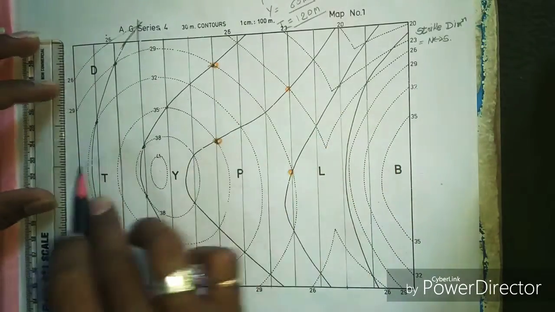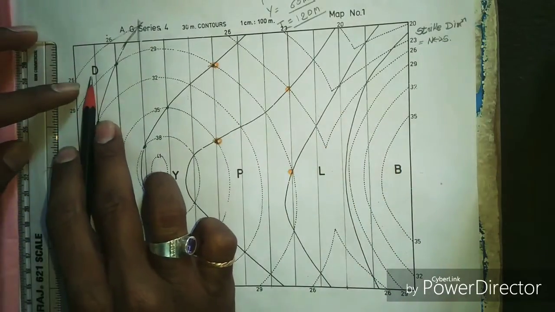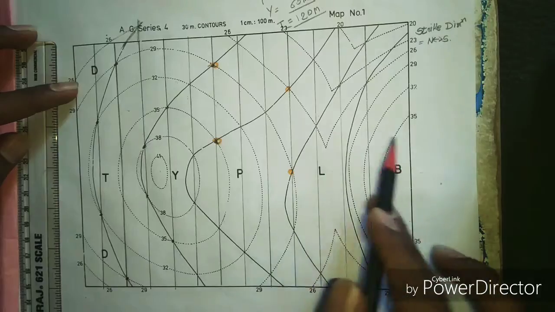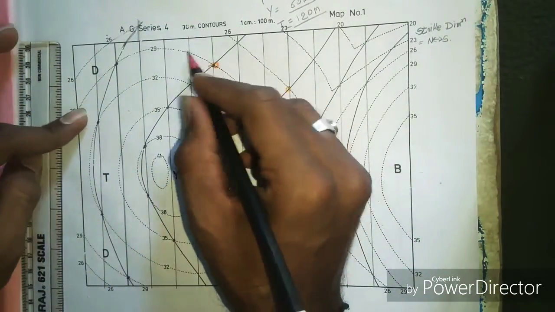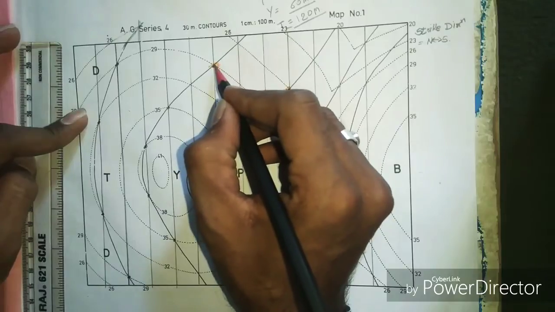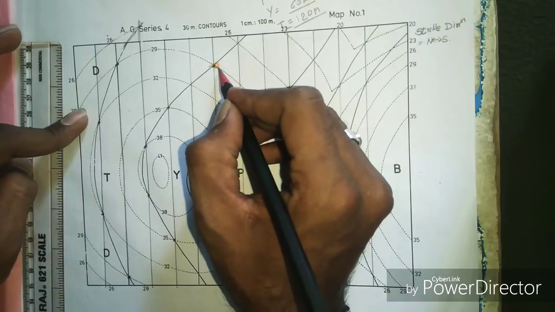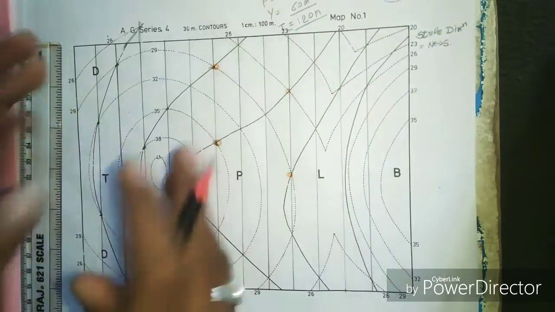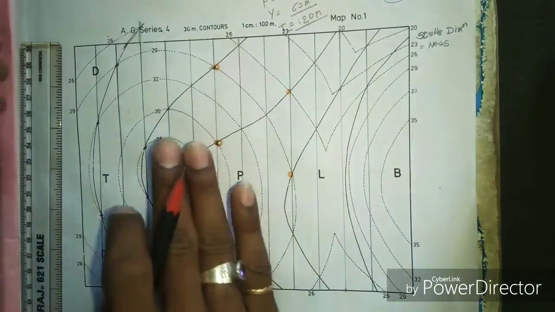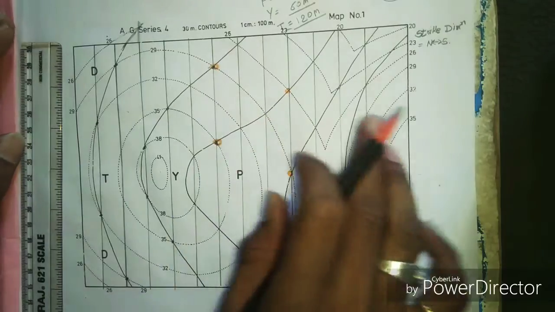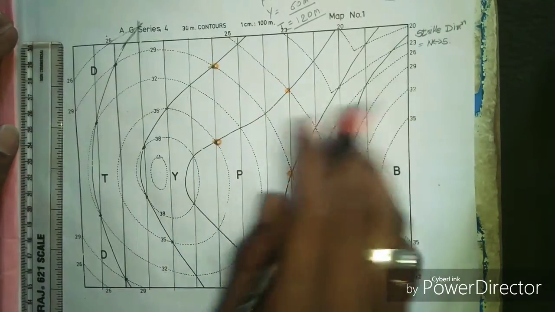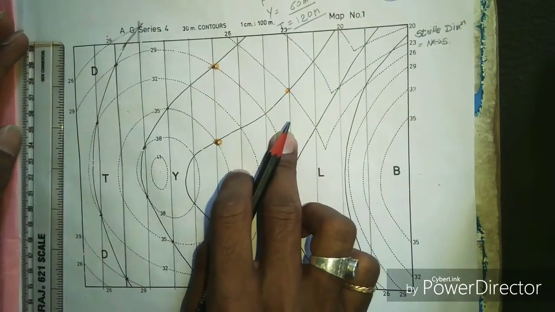So we have the beds D, T, Y, P, L, B. If these contour lines and these junction points are intersecting with each other, then it means these beds are not horizontal, these beds are inclined in nature. So in which direction the inclination is, we have to identify this.